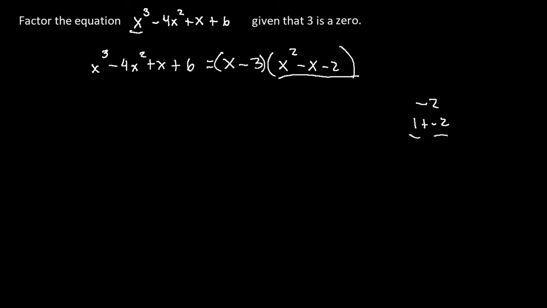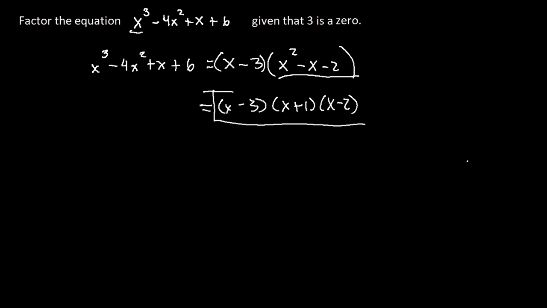So we will use these factors to factor out x squared minus x minus 2. Now this will be the final answer, or the final factors of our original expression. So that's how you factor a polynomial using factor theorem.